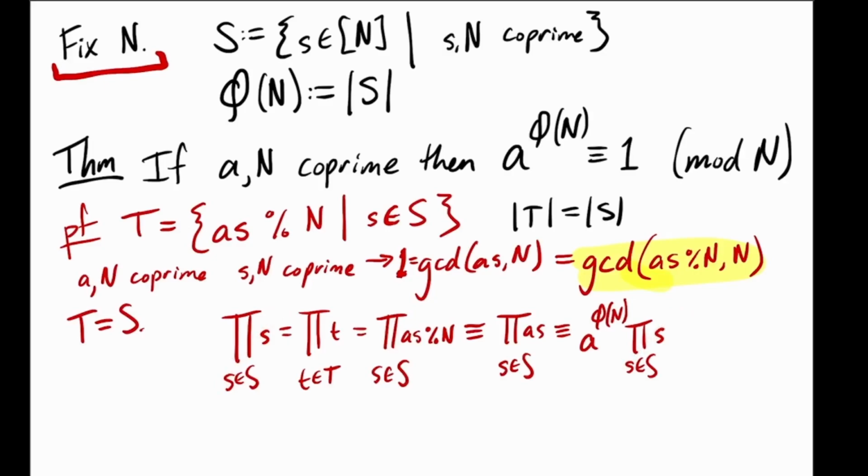And so the result is exactly the theorem statement, which is that A to the phi of n is congruent to 1, just by dividing both sides by all the elements of S. So that's the theorem. This is called Euler's Totient theorem. This phi of n is called the totient function.